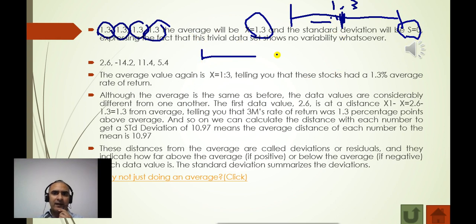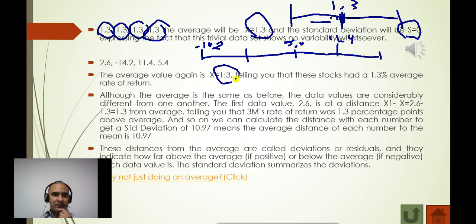Now we have another data set. In this data set, the numbers are scattered throughout. There's going to be 2.6 here, then somewhere here minus 14.2, then on this side 11.4, and then here maybe 5.4.